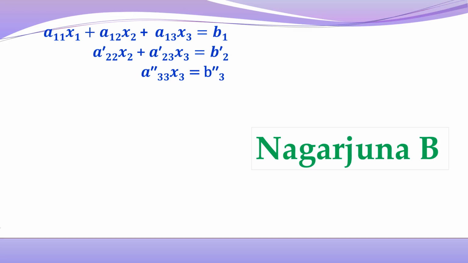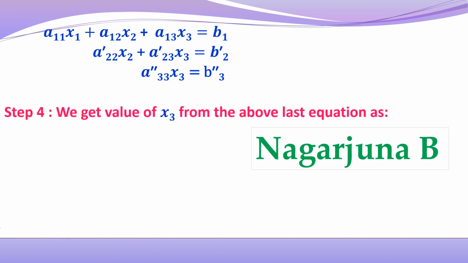Means in step 3 we have converted the upper triangular augmented matrix to a system of linear equations. From this, in step 4, we get the value of x3 from the last equation. The last equation is a double dash 33 x3 equal to b double dash 3.